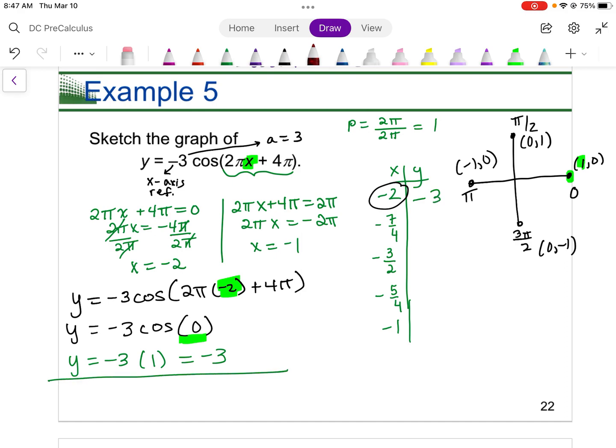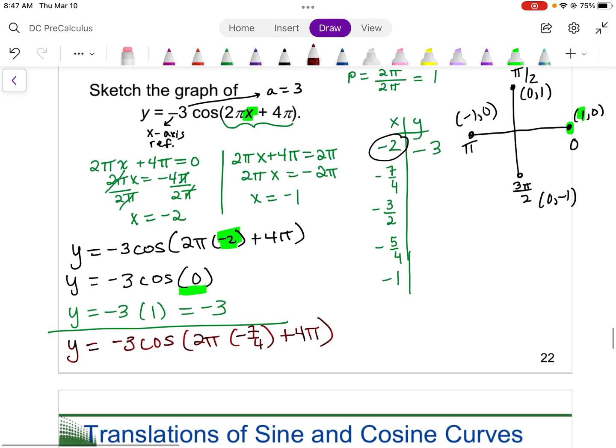All right, I said I would do a couple rounds just to prove to you that I'm going to stay on my unit circle. So I'm going to plug in -7/4 next. All right, let's see, 2 cancels into 4.